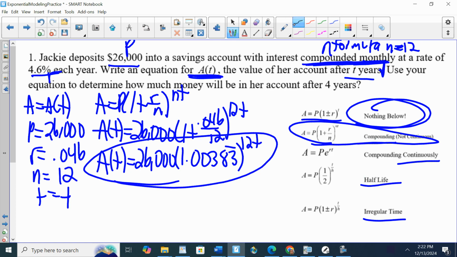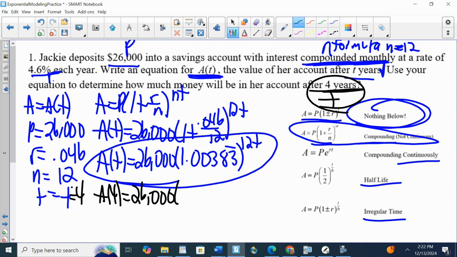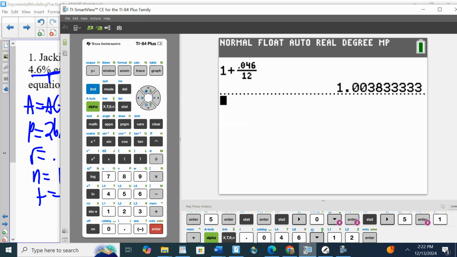Now that I have that, use your equation to determine how much money will be in our account after 4 years. Well, number of years is T. So this is telling me that T is 4. So now I'm going to substitute 4 in for T. I'm going to type that into the calculator.